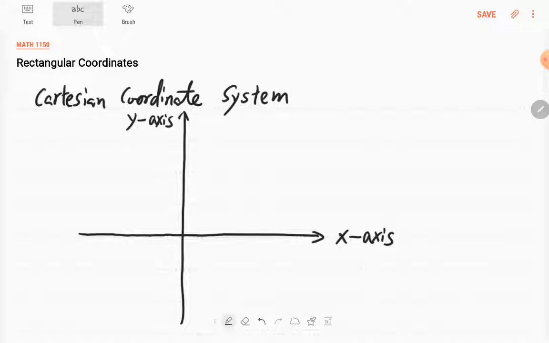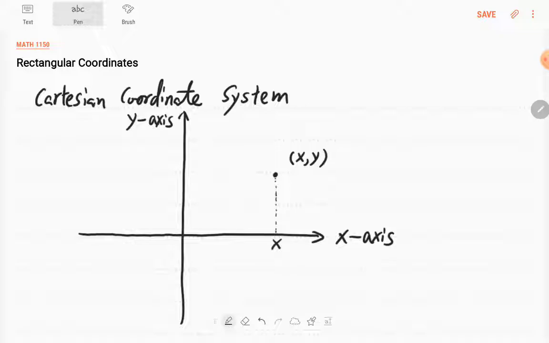So any point in the plane can be written as a pair of numbers. One is called x, the other one is called y. And this x is called the x-coordinate.